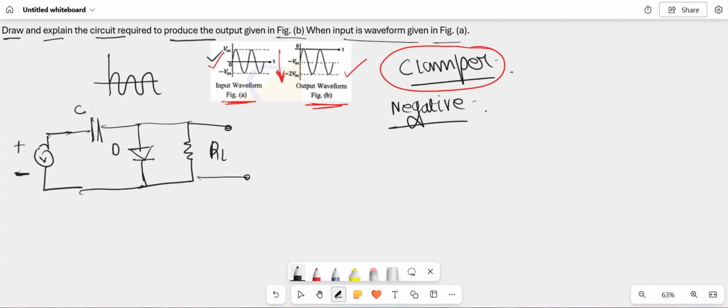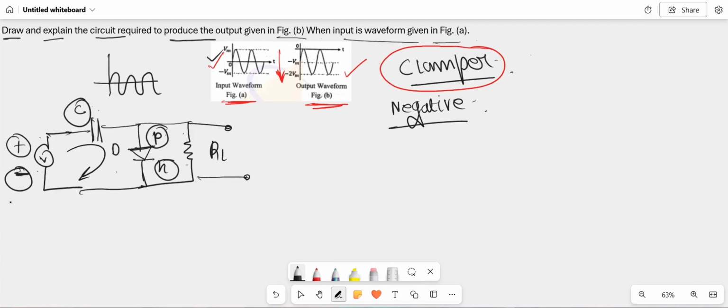What happens is that during the positive half cycle of the AC power supply, the P terminal of the diode is connected to the positive end of the battery and the N terminal is connected to the negative end. So the diode will be forward biased. As a result, current will flow within this loop, and as the current flows, this capacitor will get charged up to the peak value of the input AC power supply.